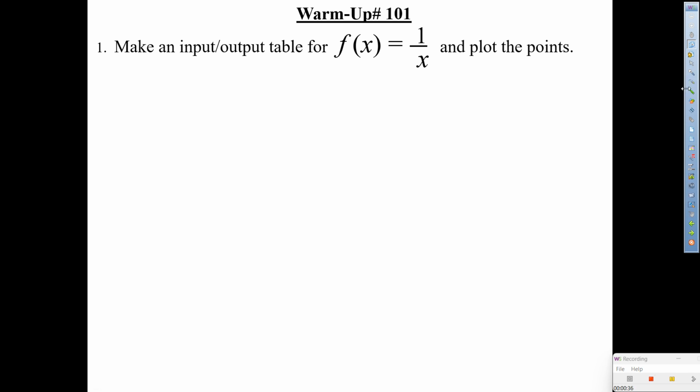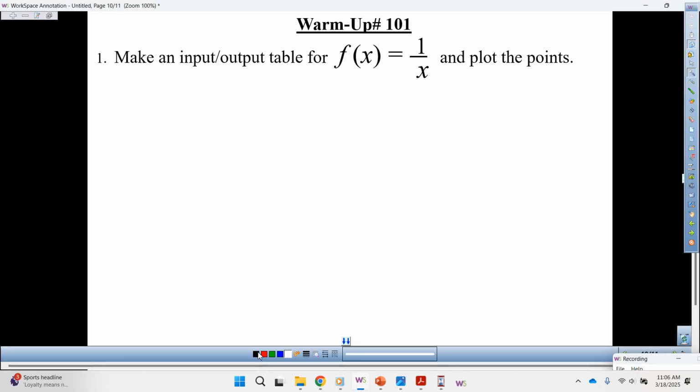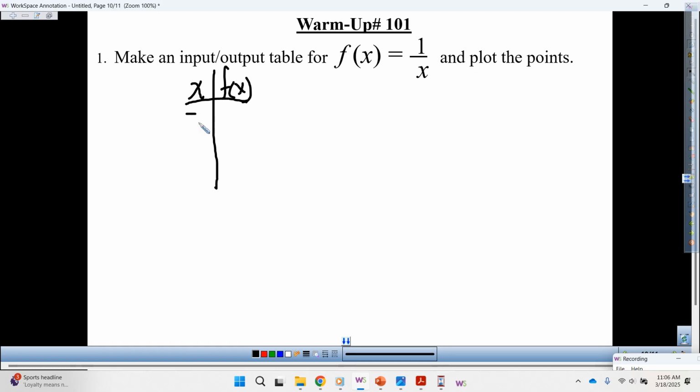It says make an infinite table for f of x equals 1 over x and plot the points. So anytime they ask you to graph a function, we said to use which values, everyone? -2, -1, 0, 1, and 2. From there, I take my function 1 over x.